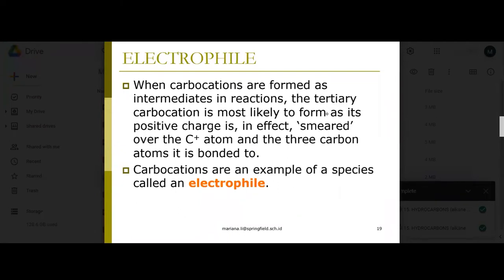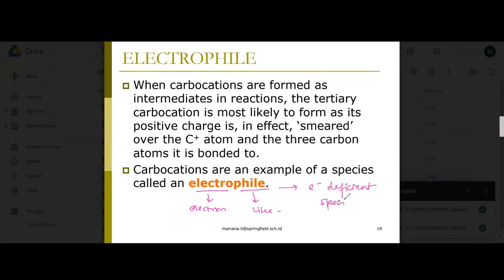This is derived from the word electro, meaning electron, and phil, from philia, meaning like. So an electrophile is a species that likes electrons, that tries to find electrons, because it is an electron deficient species.